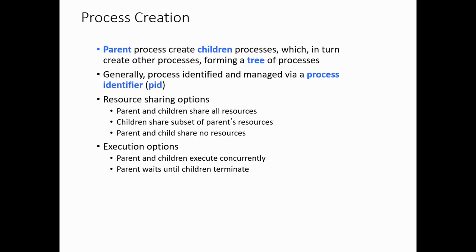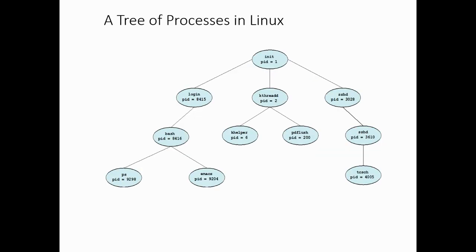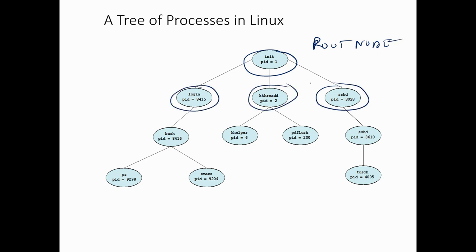Okay, we already talked about this: while creating a process, we create the parent process and child process, right? The parent has the responsibility to create the child process, and you can see a beautiful tree of processes next. This is my parent node or root node, where the root node has the capability to create login id, this process, this process, and this process.